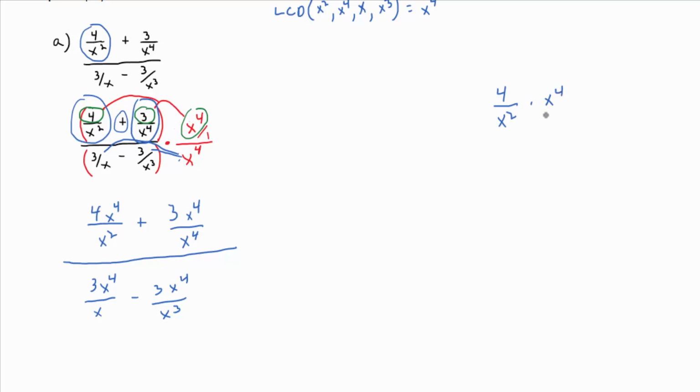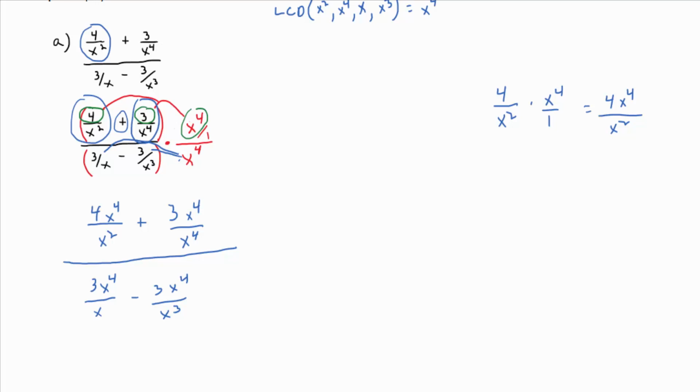But it's really x to the 4th over 1. How do you multiply fractions? Straight across. So you get 4x to the fourth over x squared times 1, which is x squared. So you get this. Okay? So it really goes back to arithmetic and how you multiply fractions together.